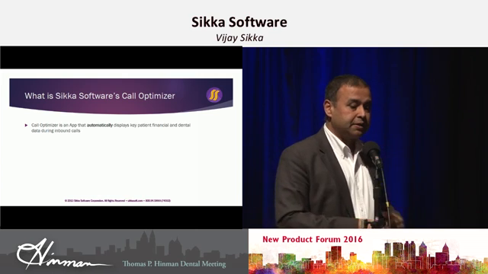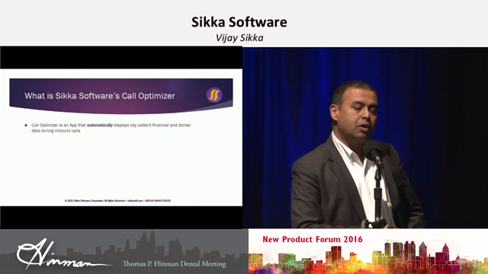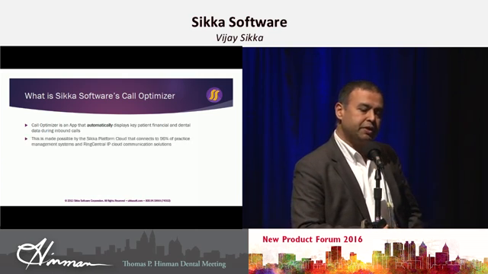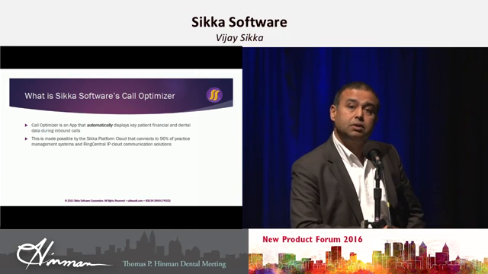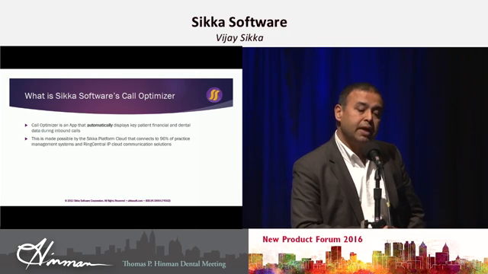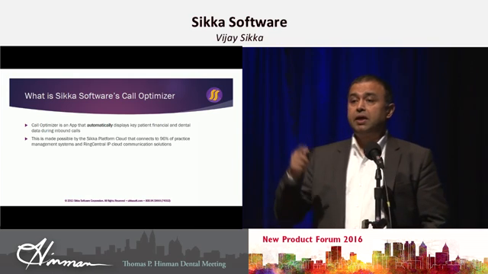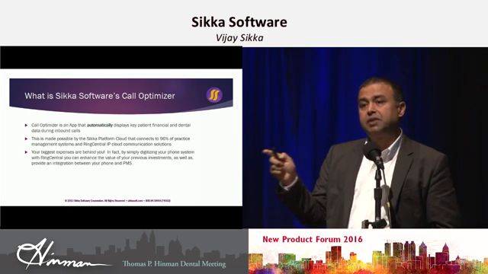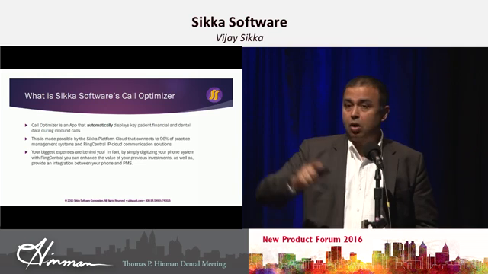So it's Call Optimizer. It's an app that automatically displays key patient information, financial and dental data, during inbound calls. It's made possible because it can seamlessly integrate with the practice management system, and all of them.